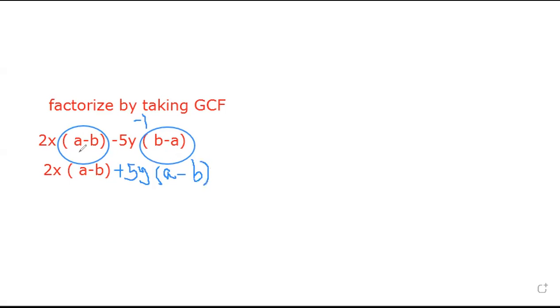Okay, so once we have the same parentheses but different signs like a minus b, b minus a, we are going to take negative 1 as a common, and then we will change. Now we can notice that we have the same a minus b and a minus b, so we can say now that the GCF will be equal to a minus b.